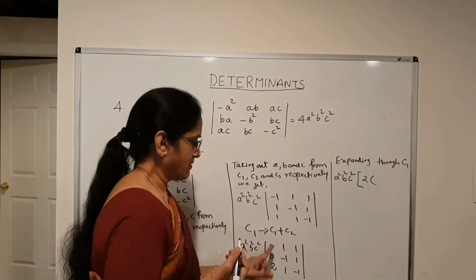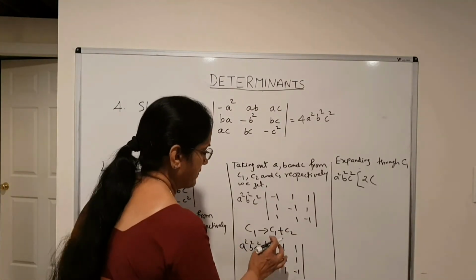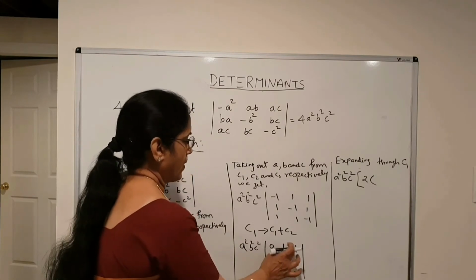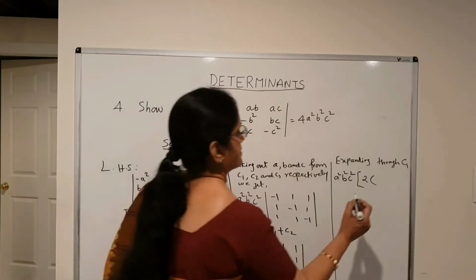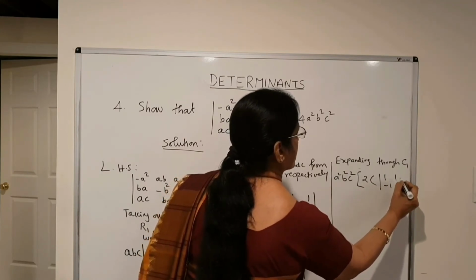The first two entries we are going to expand are going to be 0. So 2 into, leaving the third row and first column, I will have the determinant 1, 1, minus 1, 1.